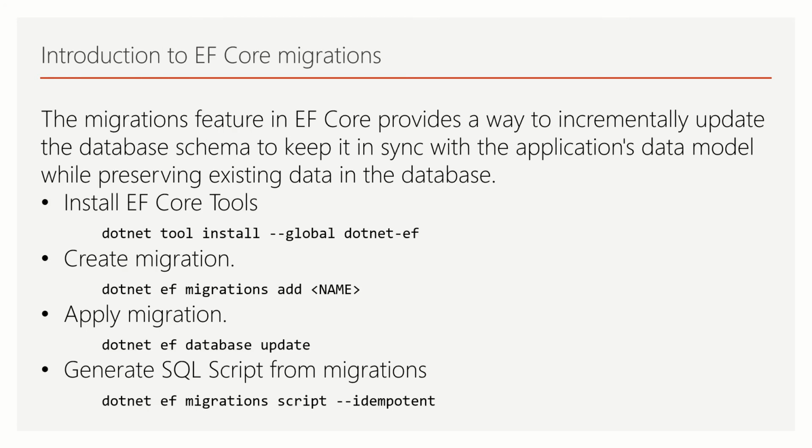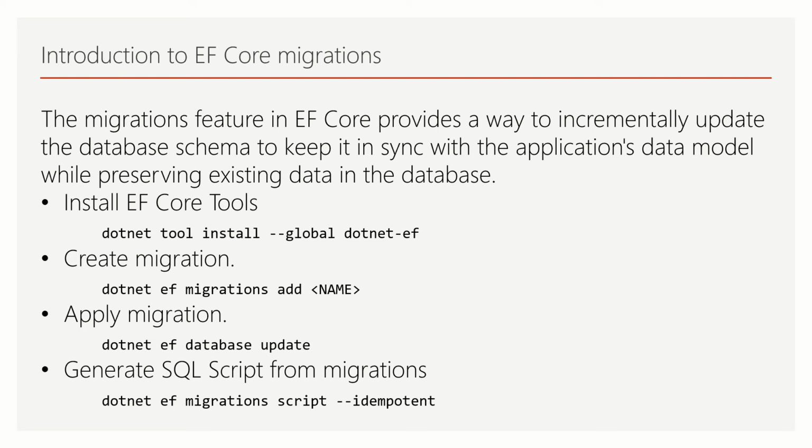So let's look into EF Core migrations. Migrations is a feature which is part of Entity Framework. It's a way to incrementally update the database schema in sync with the application data model while preserving the existing data in the database.